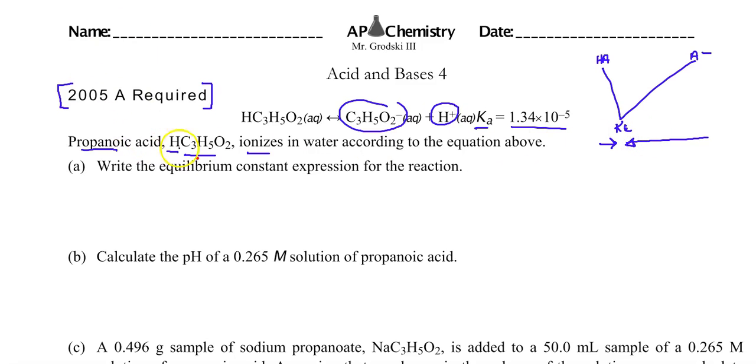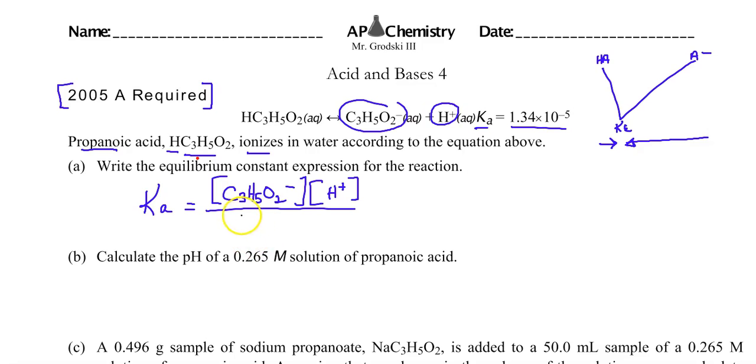So let's go on and do the constant expression. It's products over reactants, coefficients become exponents, and solids and liquids do not apply. So our Ka, I keep saying Ksp because we've done that already, is equal to the products: C3H5O2 negative, that's the conjugate base, what's left over after the acid gives off, and then we have the proton, which is synonymous with H3O+.